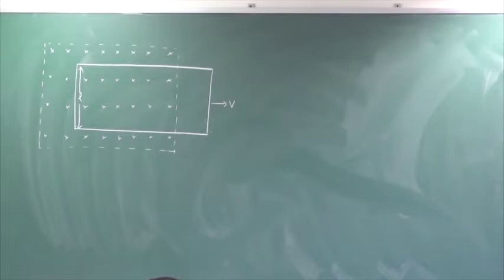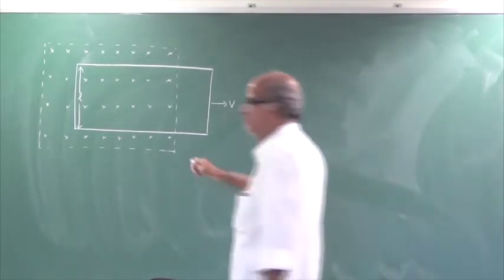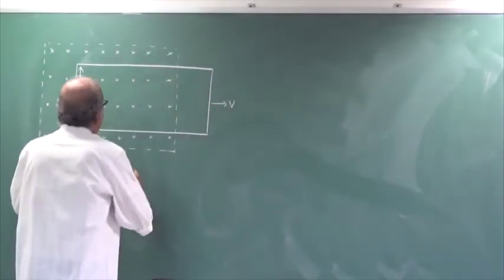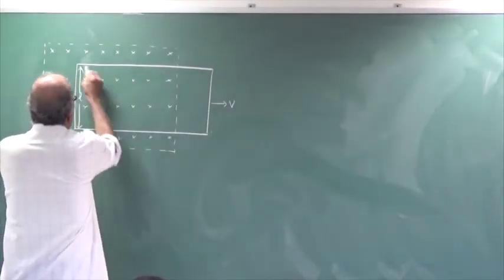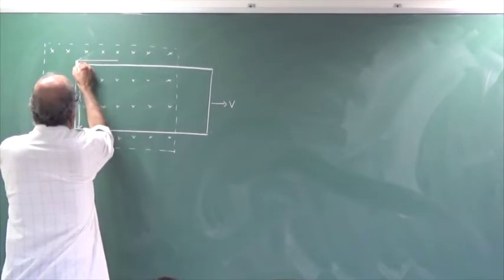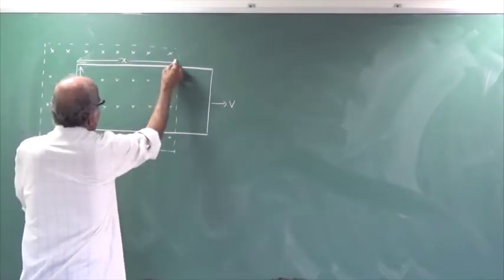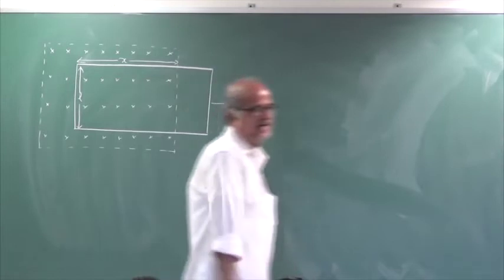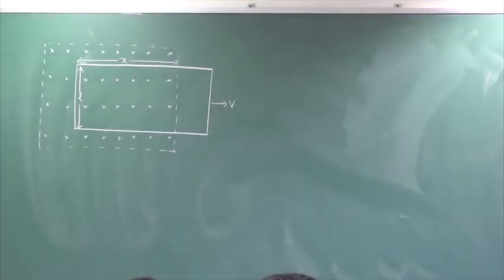When I pull it out, there is an EMF induced. The EMF induced in a conductor when it is moving in a magnetic field is motional EMF. Let's suppose at a certain instant, this was the length which was in the magnetic field.